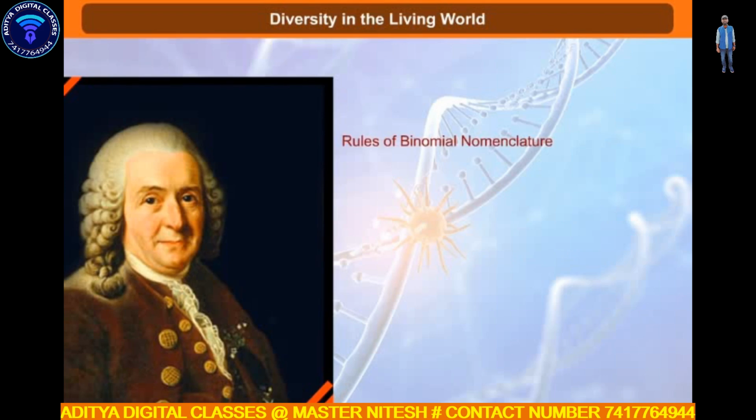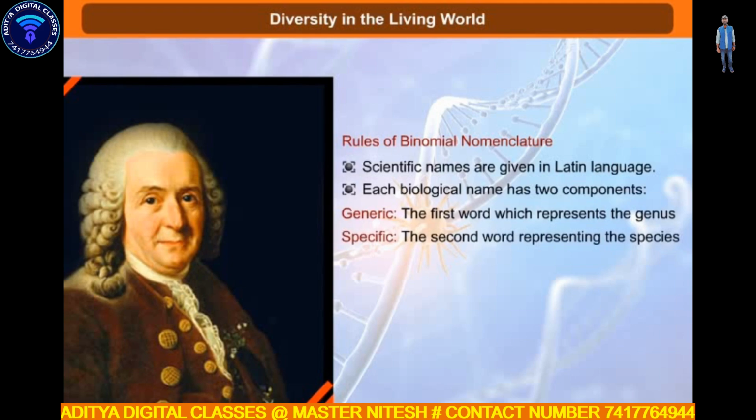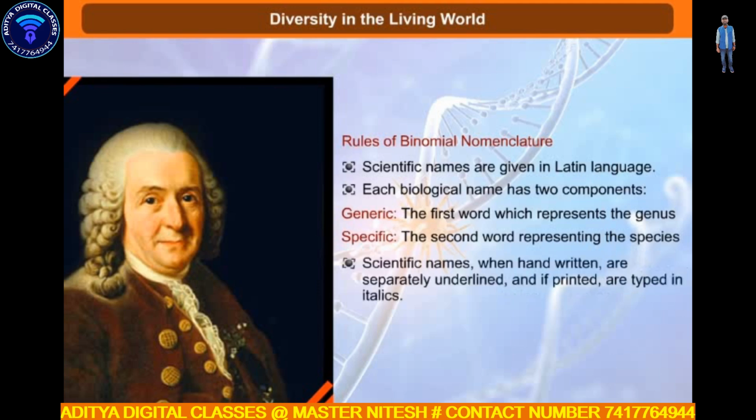Rules of binomial nomenclature. Scientific names are given in Latin language. Each biological name has two components. Generic, the first word, which represents the genus. Specific, the second word, representing the species.